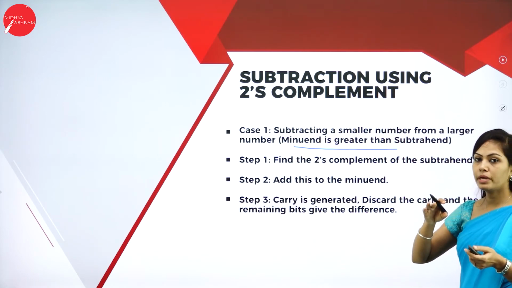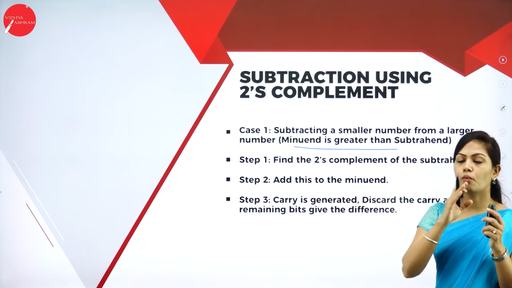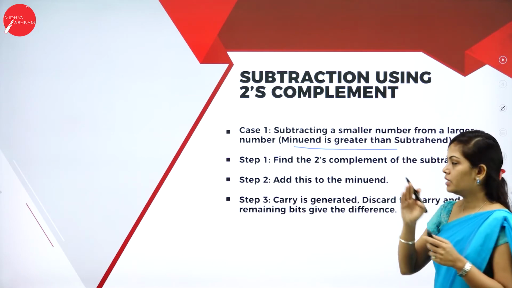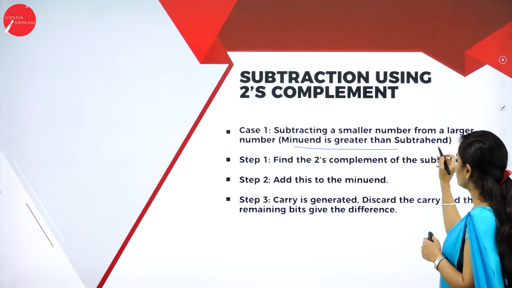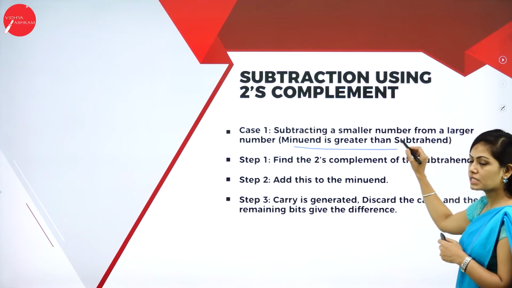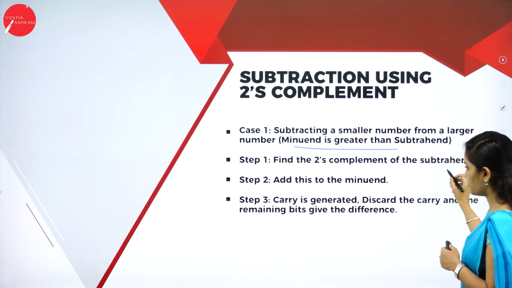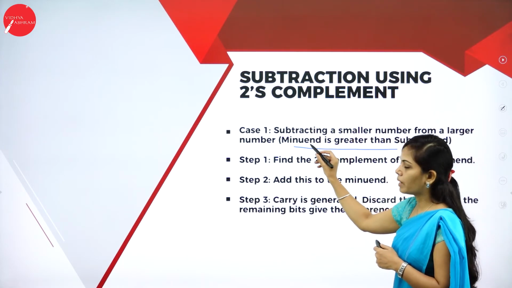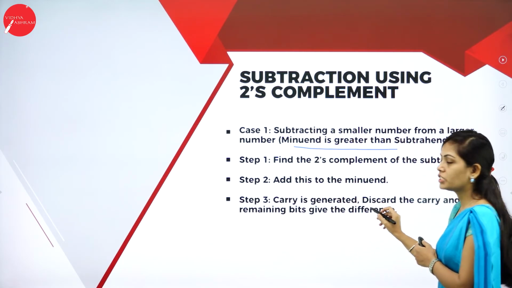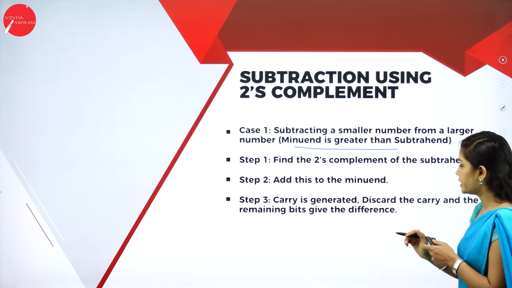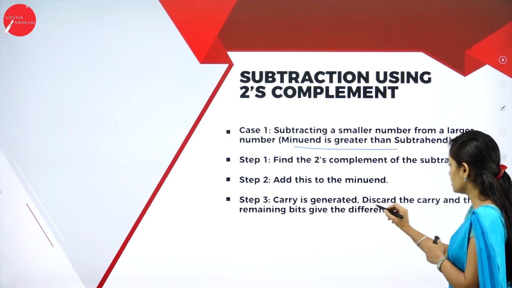In ones complement, we perform the ones complement of the subtrahend. In 2's complement method, we have to use the 2's complement of this subtrahend. After finding the 2's complement of the subtrahend, add this to the minuend and carry is generated. Carry is generated means discard the carry.